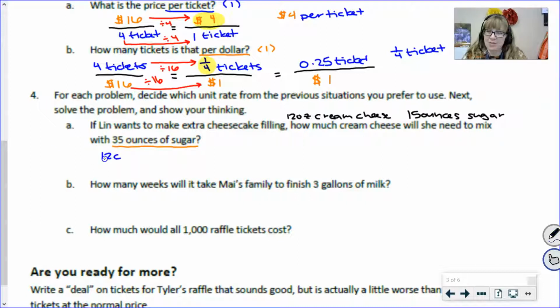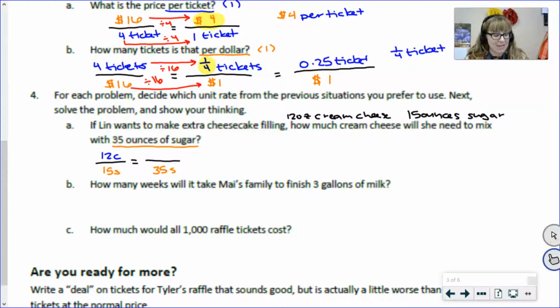Remember my abbreviations, 12C for cream cheese, 15S for sugar. And what I want you to notice is this. Can we very easily change a 15 into a 35? And the answer is no, we can't easily change that 15 into a 35. I can try and double it and it's not enough. I can try and triple it and it's not enough. So it's not very easy to do that.